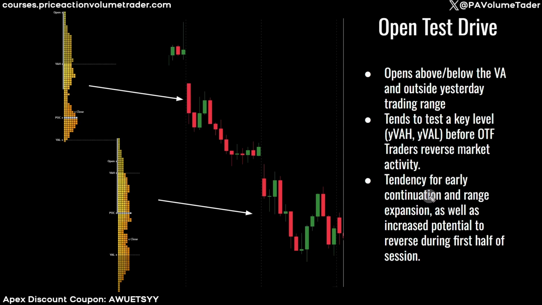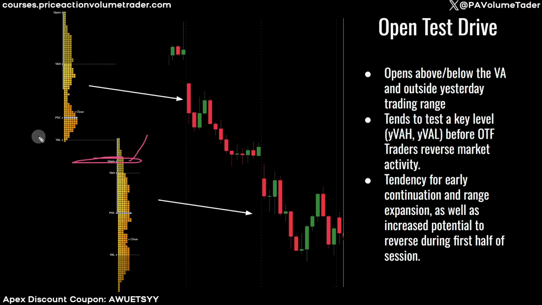Tendency is for an early continuation and range expansion, as well as increased potential to reverse during the first half of the session. So as we can see here, we have a market trending down. We had a gap lower from the previous regular trading hour session, and you can see we open right here.